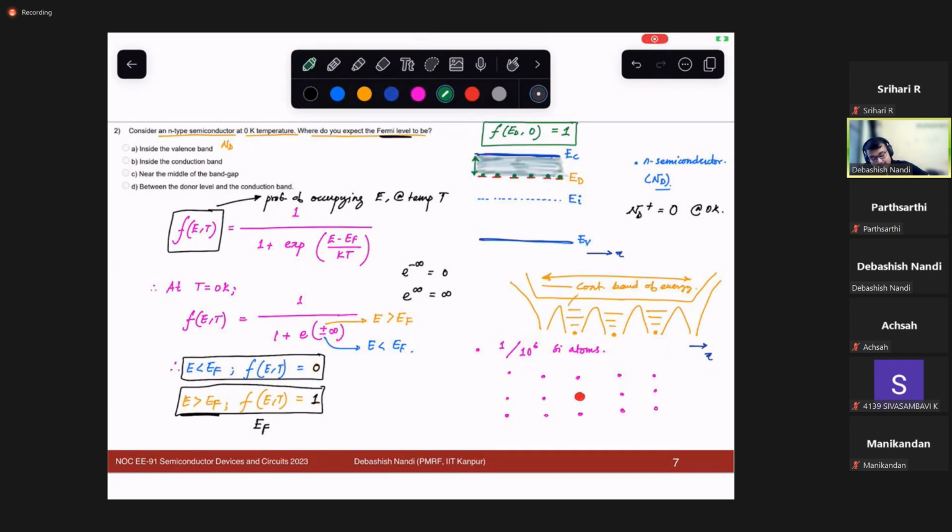Why am I telling that? Because if my Fermi level is at this place, if this is EF, then any energy level below EF should have full occupancy. So if ED has full occupancy, that means the Fermi level has to be above that, this condition.